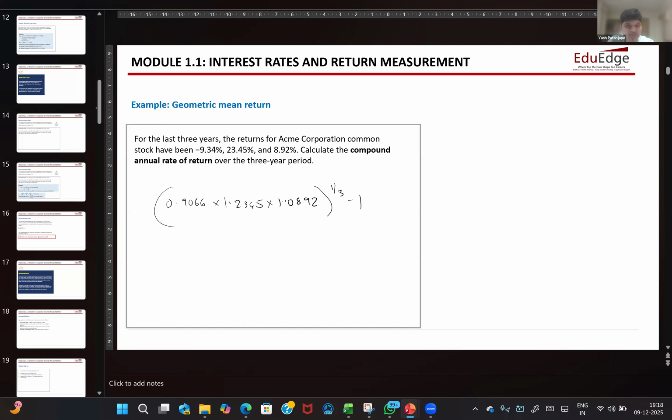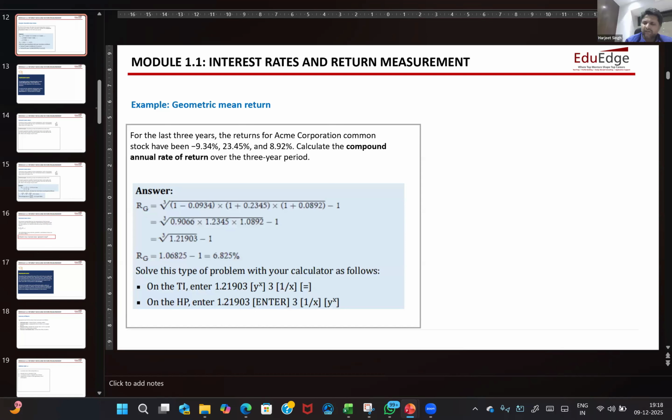I'm getting 6.824%. Yeah, 6.825. Okay, good.